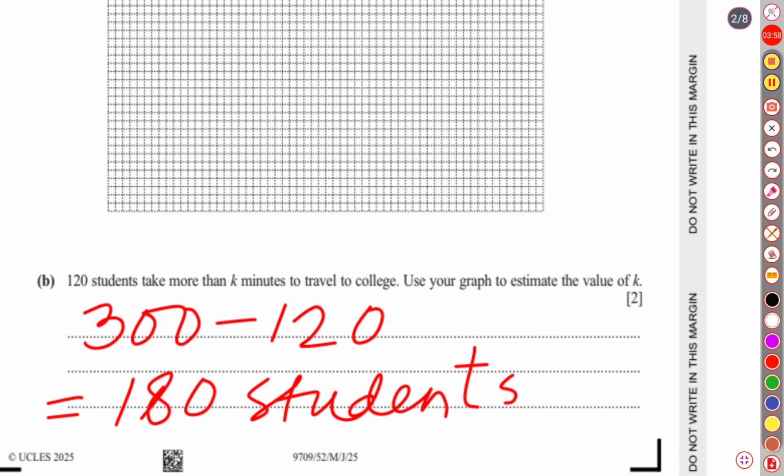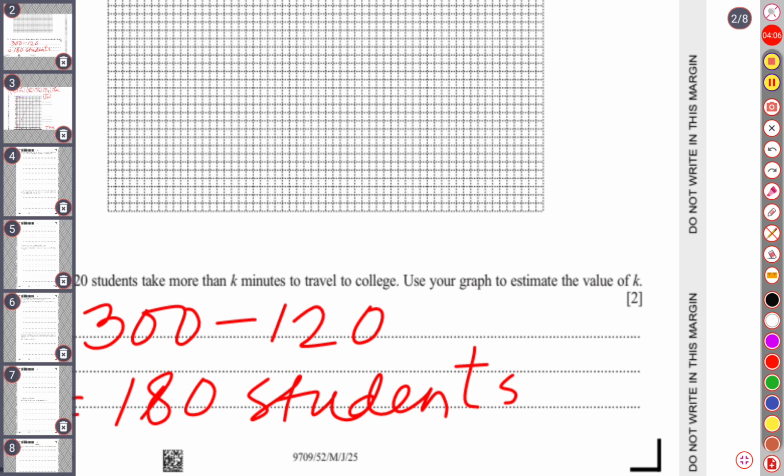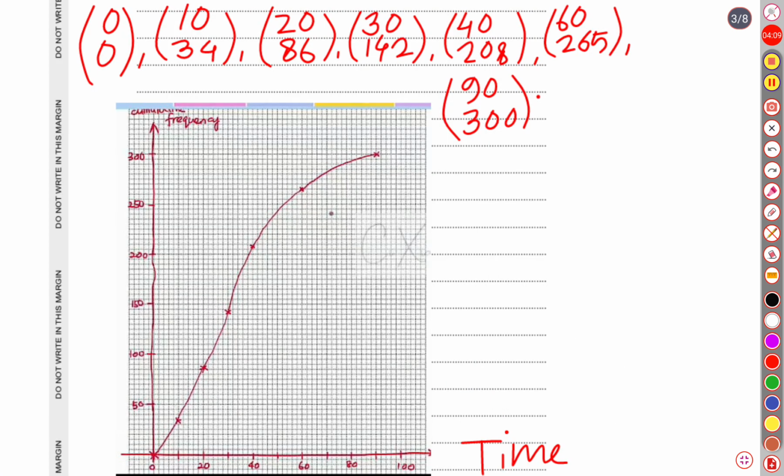In some cases students find 120. No, it is not 120. They told us 120 students took more than that time, so it is the upper part of the graph. Let me show from the graph. The students who took more time are lying above, that means the upper part of the graph.